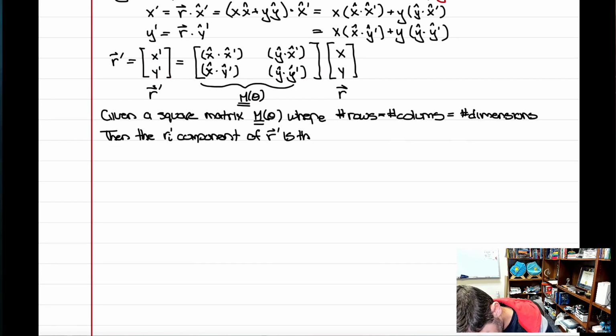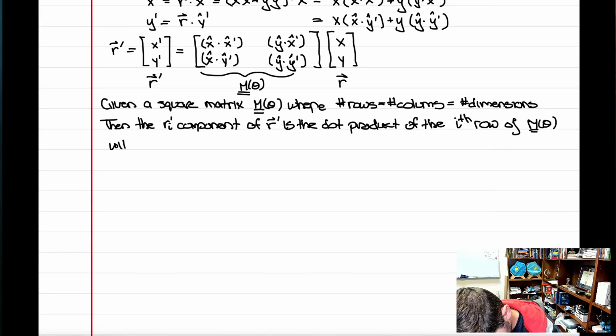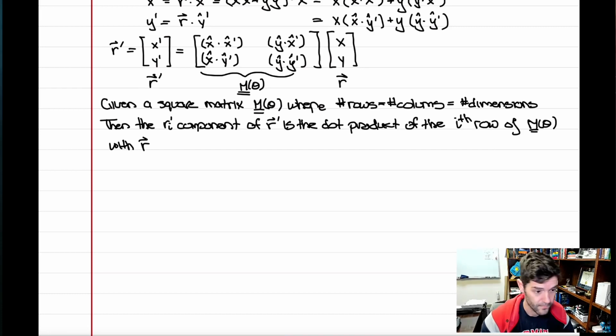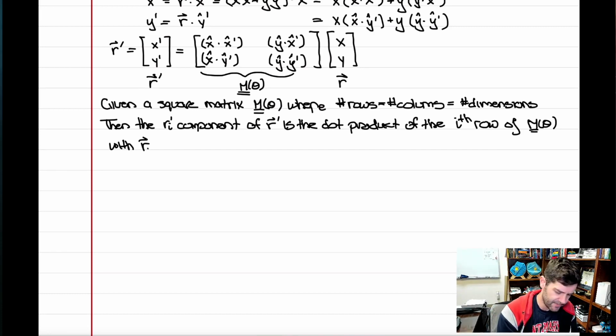It is the dot product of the ith row of M with the original vector R. So an individual component of the new vector is a dot product of one of the rows of the matrix with the original vector.